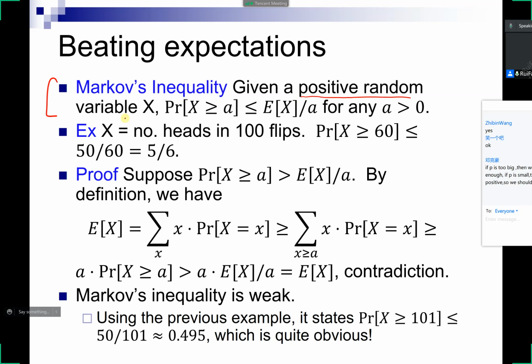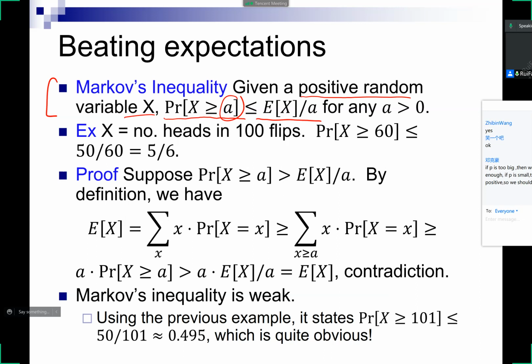So you have this non-negative random variable X. Then for any positive value a, the probability that X is larger than a is at most the expectation of X divided by a.